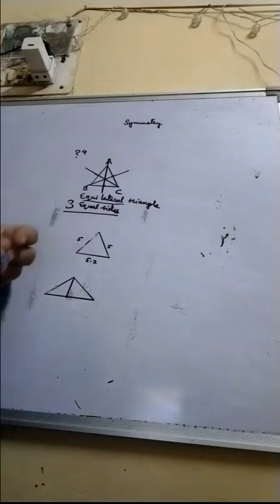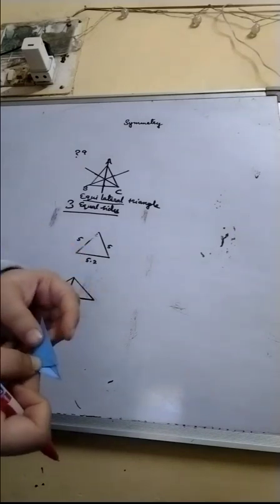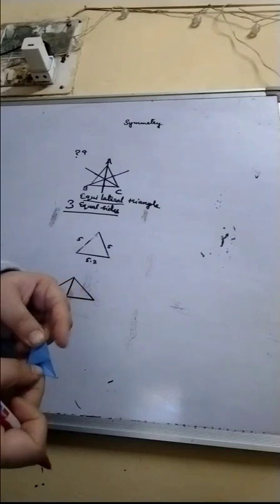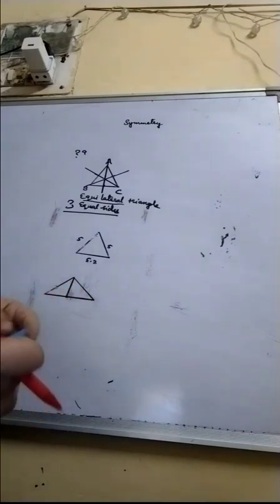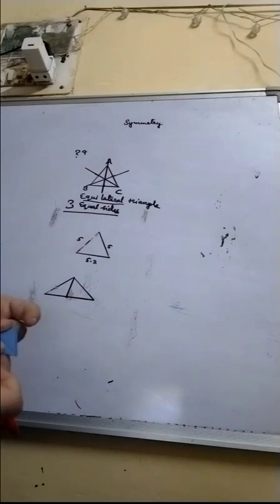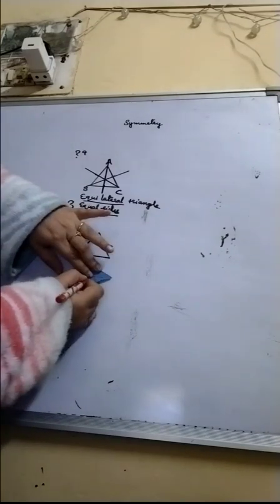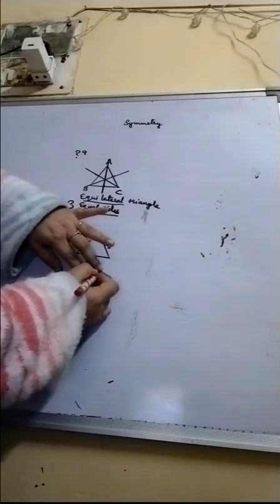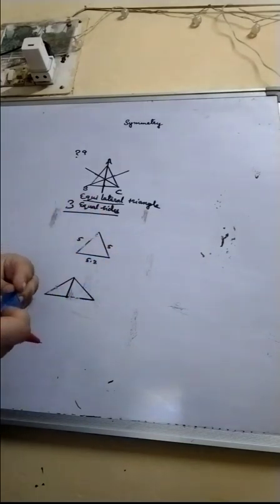So when you try to fold it along the third side, again you would see that there is no overlapping. Lot of portion is left behind for the second part. So this means that this triangle has only one line of symmetry. This is not the line of symmetry. You can say this is not the line of symmetry. It is only one line of symmetry.